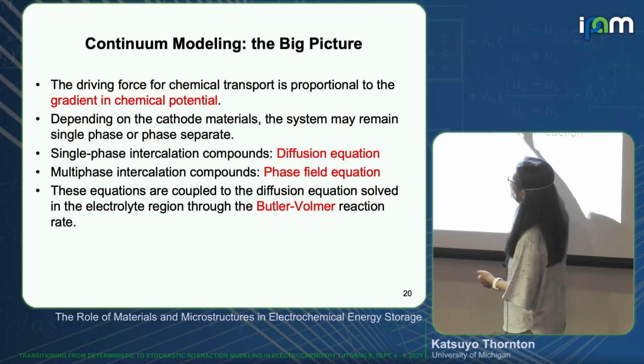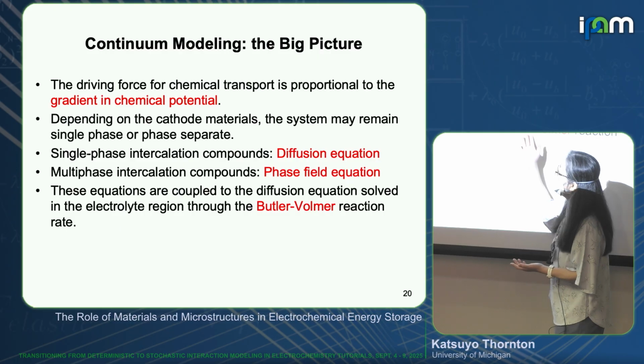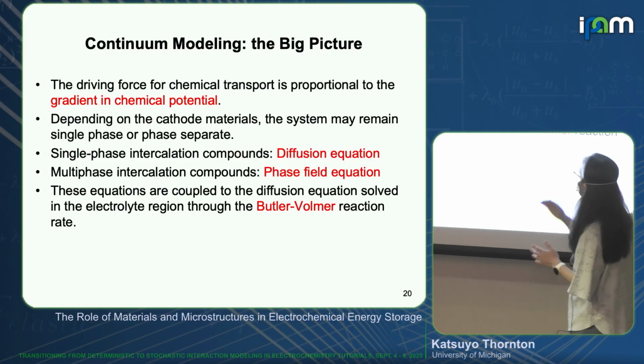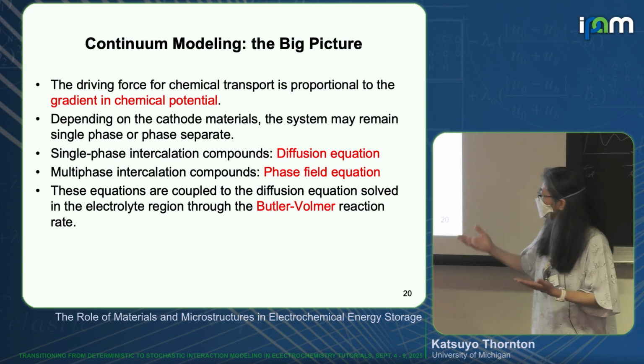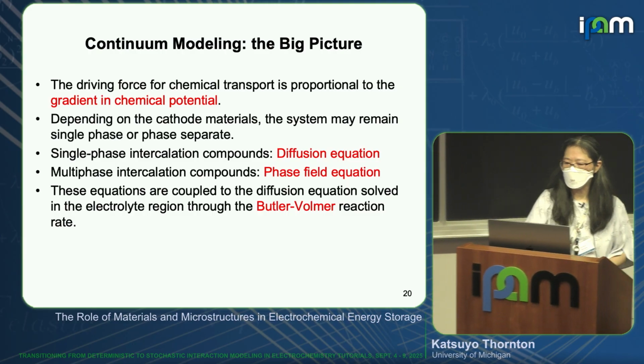These transport equations, along with the current continuity equation, are coupled by the reaction rate at the surface. Richard talked about the Butler-Volmer equation, which is exactly that, the typical one that people use.